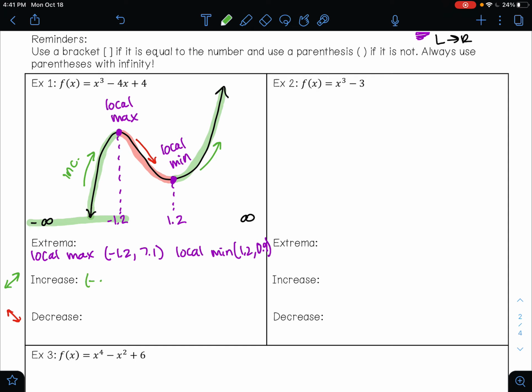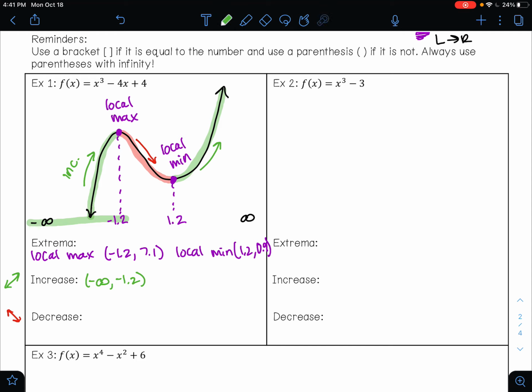Negative infinity always gets a parenthesis. Negative 1.2 is also going to get a parenthesis because for this next part, it's decreasing, and negative 1.2 cannot be increasing and decreasing at the same time. So if it's a point where it switches from increasing to decreasing, you will also use a parenthesis.